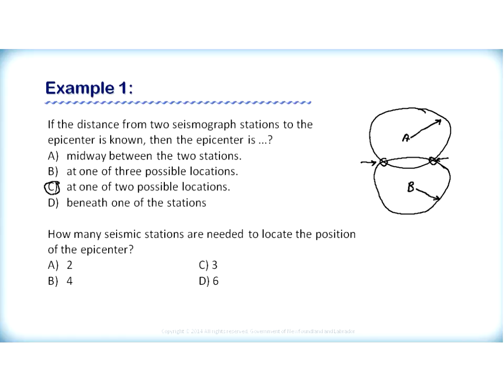Therefore, this is why we need a 3rd seismograph station, seismograph station C. And if we draw a circle around seismograph station C, we'll notice that all 3 circles cross at one given point, and that would be the location of your epicenter. So your epicenter will be located where all 3 circles intersect. So how many seismograph stations are needed in order to locate the exact position to pinpoint the epicenter of an earthquake? Your answer would be C.